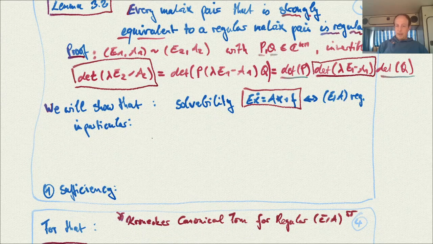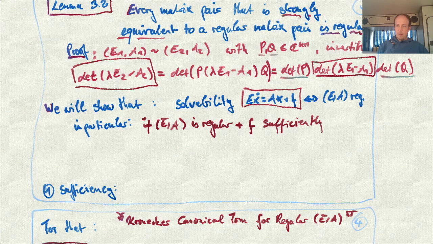And in particular, we will show that if E, A is regular and f sufficiently smooth, then E x dot equals A x plus f of t has a solution.